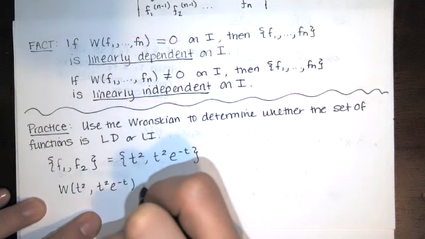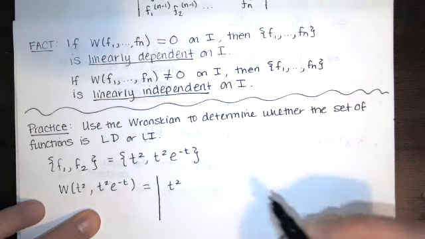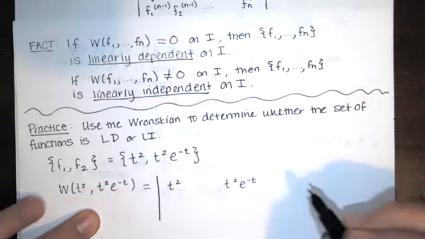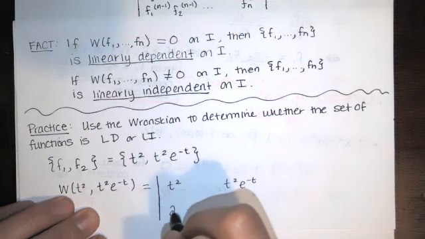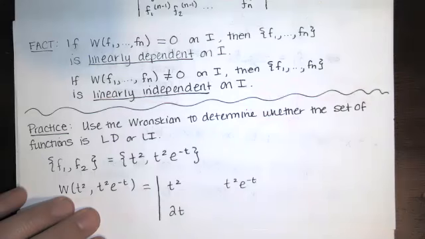We set up this 2 by 2 determinant. In the first row, you've got t squared and t squared e to the negative t. So that's f sub 1 and that's f sub 2. And then the second row, you take the derivative. The derivative of t squared is 2t, and the derivative here requires the product rule.